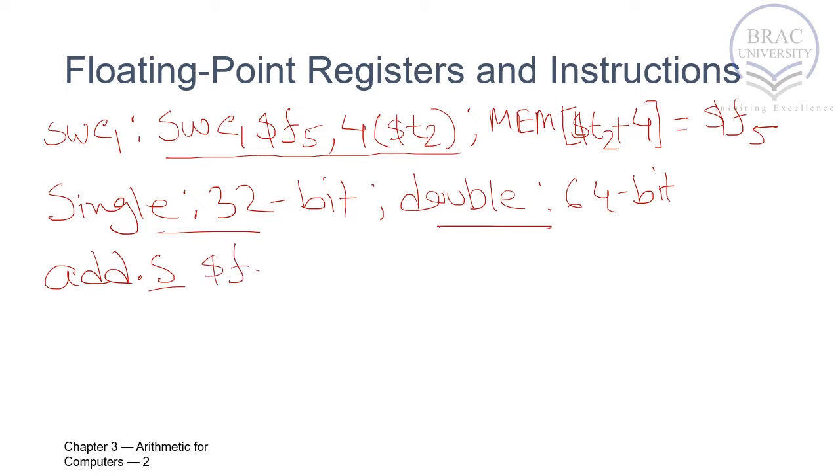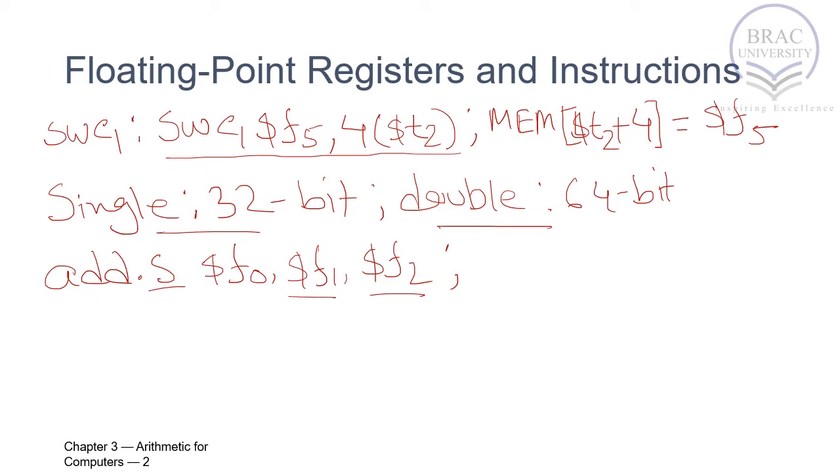Let's say registers f0, f1 and f2. What this means is that whatever value we have inside register f1 and whatever value we have inside register f2, they will be added and the value will be transferred to register f0. But the result and the values that we are handling, all of them are going to be 32 bits.